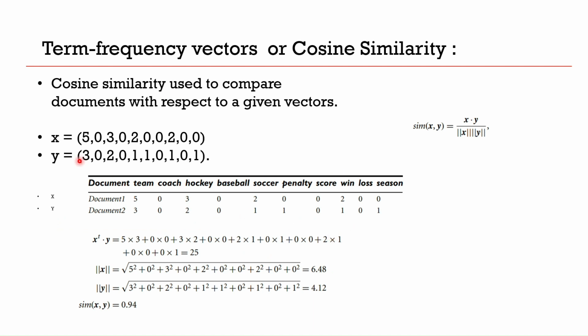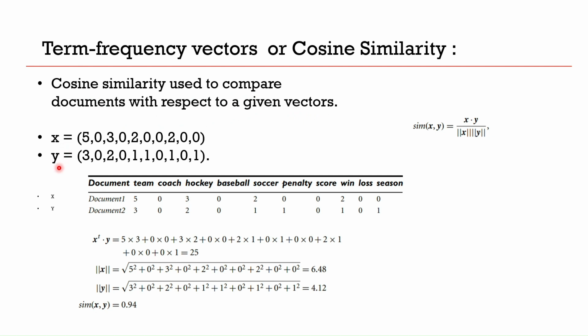Now let us find term frequency vectors, or cosine similarity. Cosine similarity is used to compare two documents, two statements or two text files with respect to given vectors.